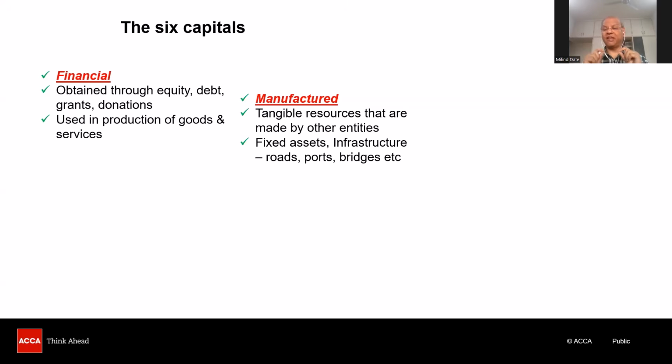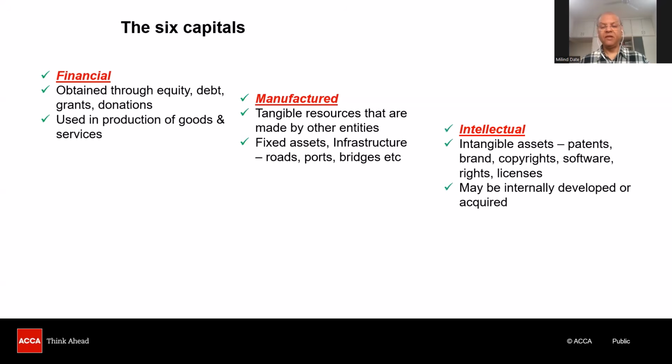It's also extended to include infrastructure like roads or ports or bridges, etc. Intellectual capital, on the other hand, has a reference to intangible assets like patents, copyrights, etc., either internally developed or outright procured by the organization.